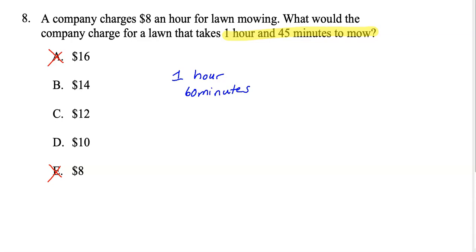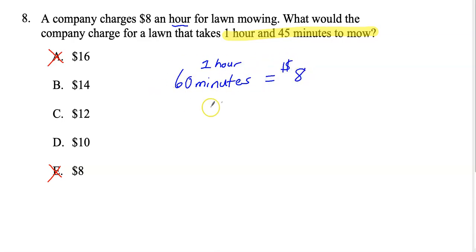So let me break it down this way. 60 minutes. How much money do I make? Well, it says every hour I make $8. There's 60 minutes in an hour, so this is the same as 1 hour. I make $8. Let's take half of this. What's half of 60 minutes? That's 30 minutes.